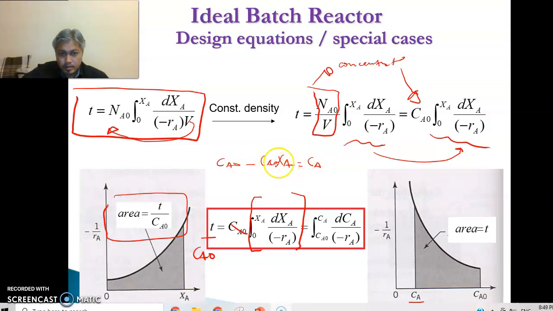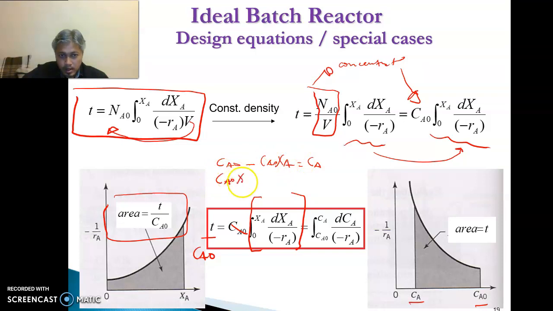We rearrange this equation, we will get ca naught xa, bring to this side, so we'll get ca naught minus ca. We know that ca naught xa is the same like here, we have ca naught and dxa.